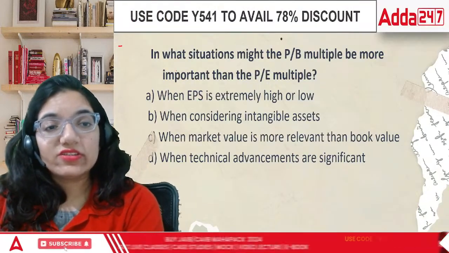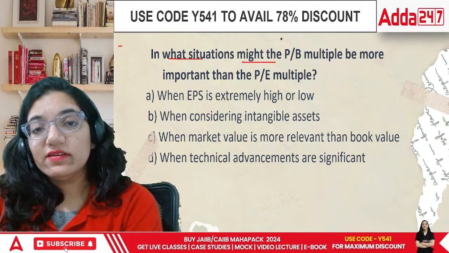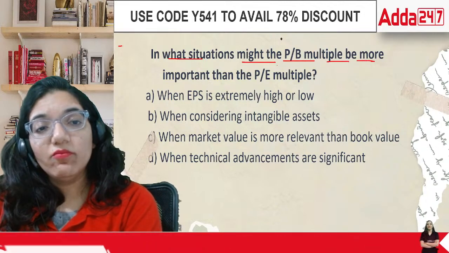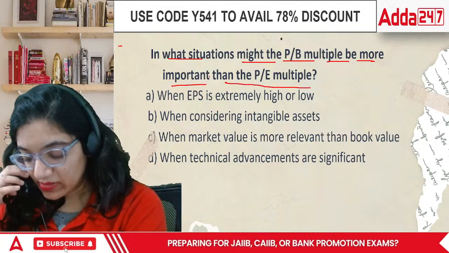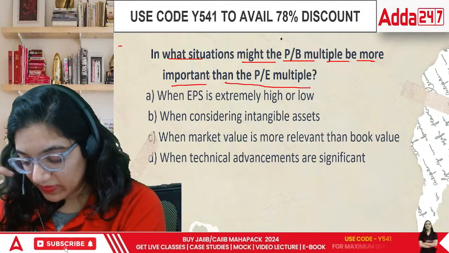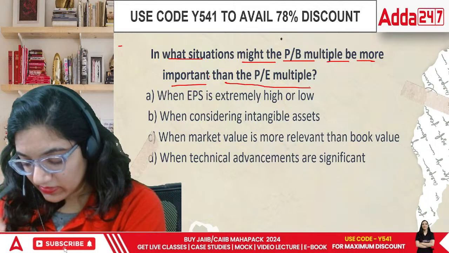In what situations might the PB multiple be more important than PE multiple? In what situations you can say this one would be more important?